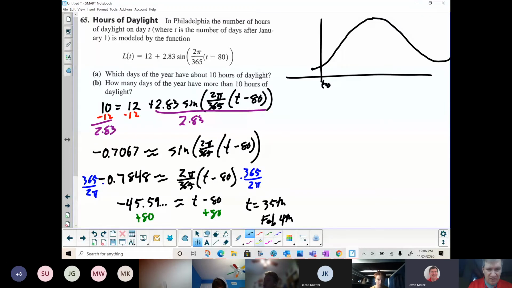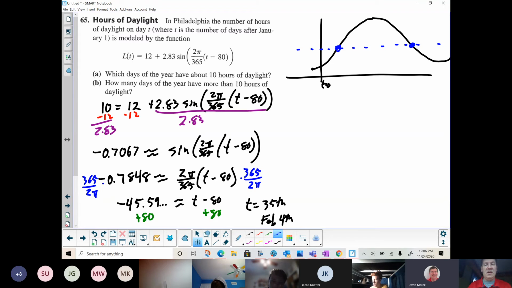So there has to be a point here, and there has to be another point there where it's equal to 10.